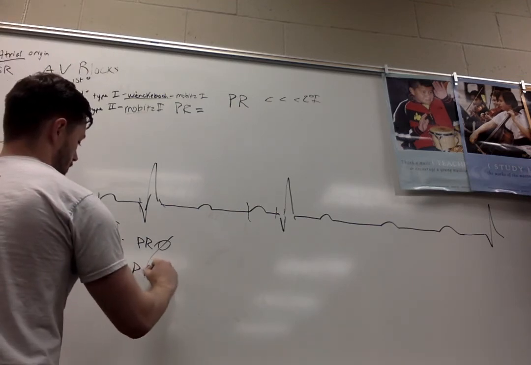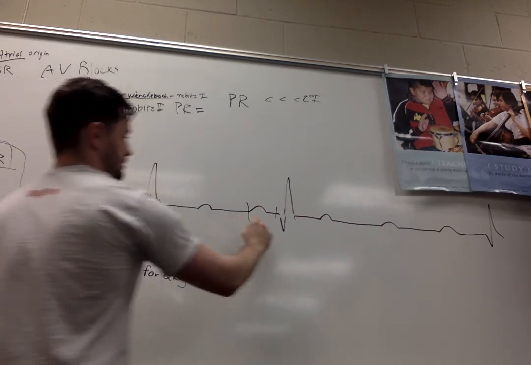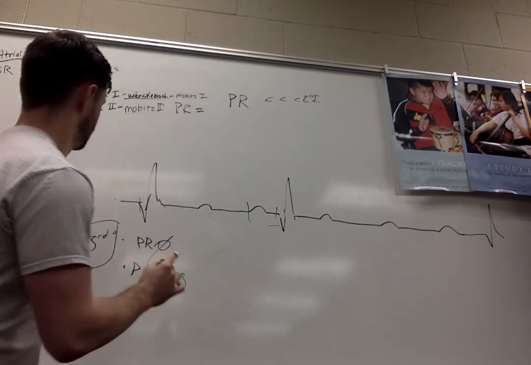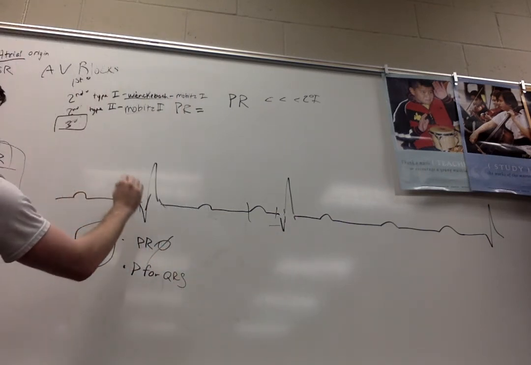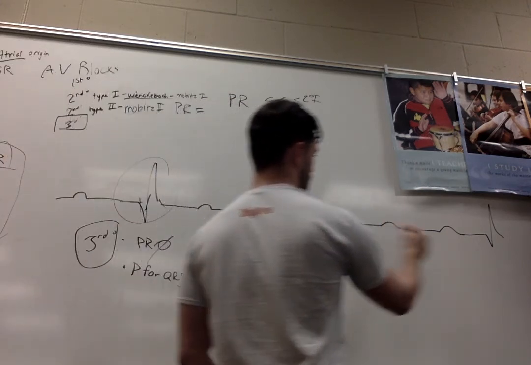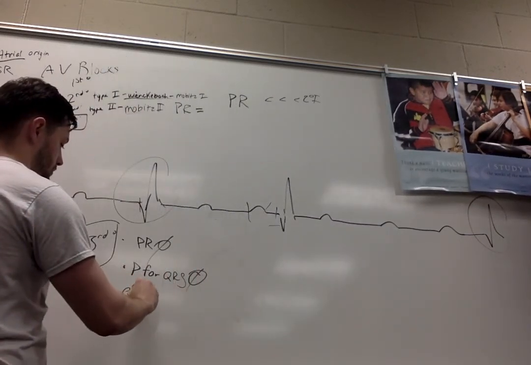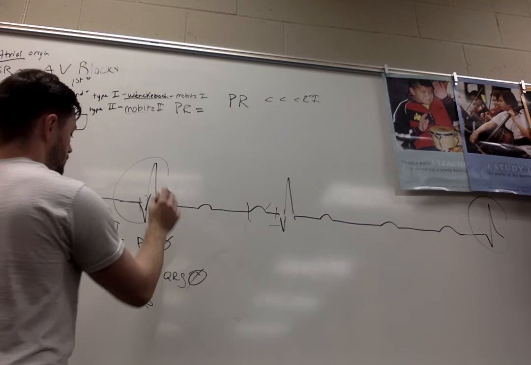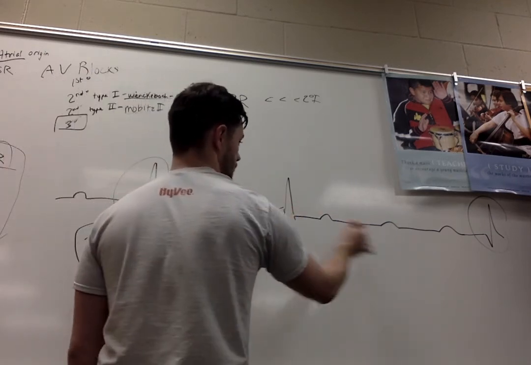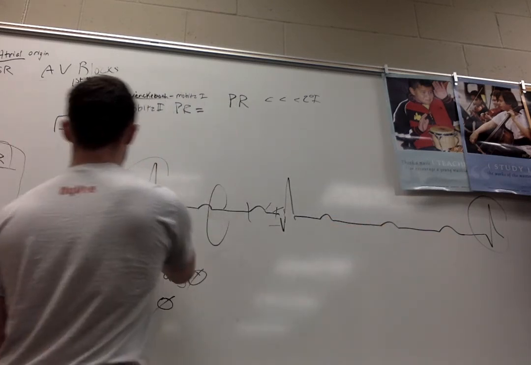Is there a P wave for every QRS? No. Is there a QRS for every P wave? There's no P waves around this QRS. Nope. Maybe. Nope. So no. These P waves don't have QRSs. It's missing.